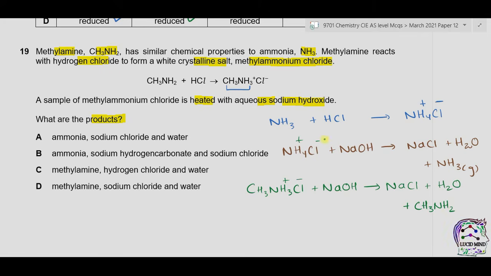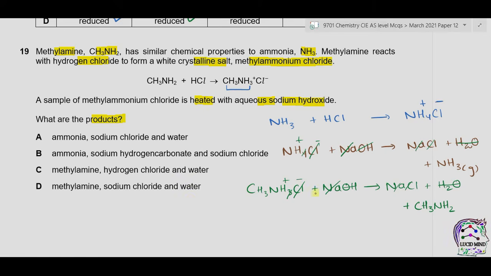This is because in ammonium chloride, sodium reacted with chloride to form NaCl. One of the hydrogen reacted with OH to form water, and the remaining was NH3. Similarly, in this one we have sodium that reacts with Cl to form sodium chloride. One of the hydrogen reacts with OH to form water, and we have CH3NH2 that is left.